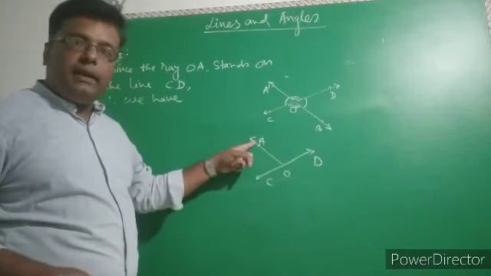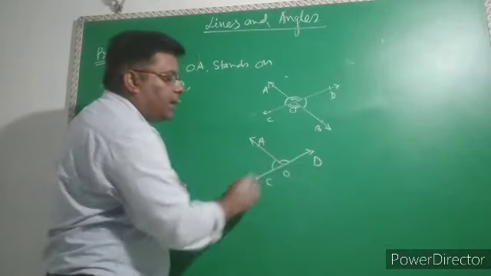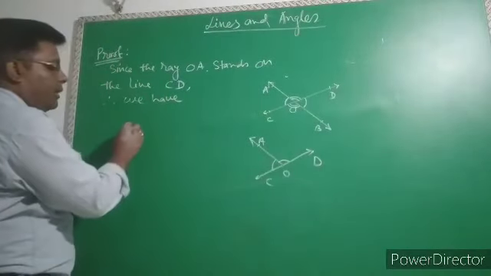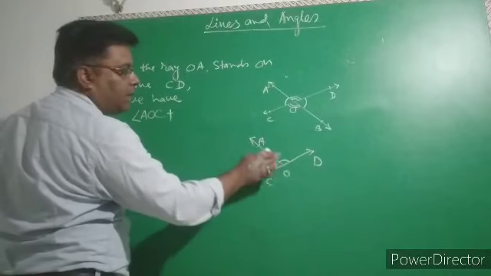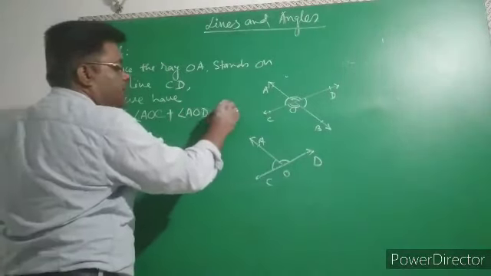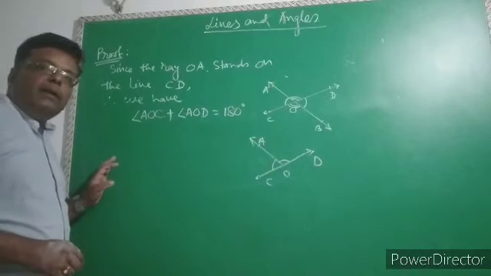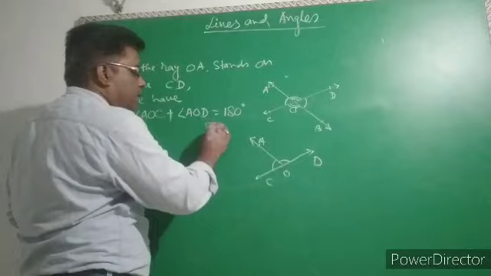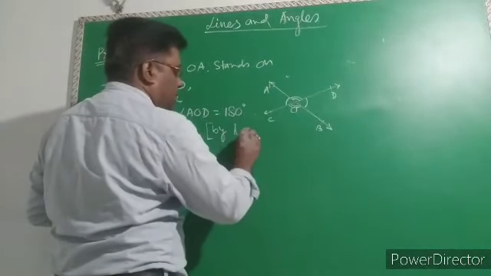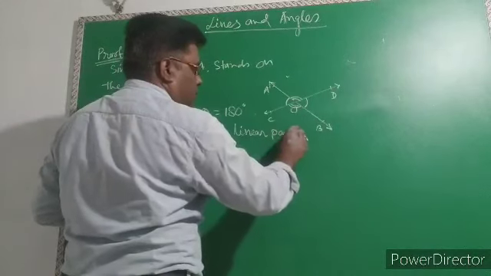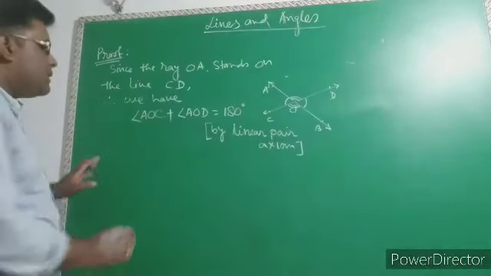Since OA is a ray that stands on the line CD, this angle AOC plus angle AOD is equal to 180 degrees by the linear pair axiom. You can write by the linear pair axiom.